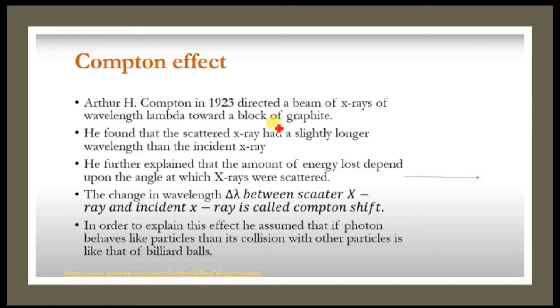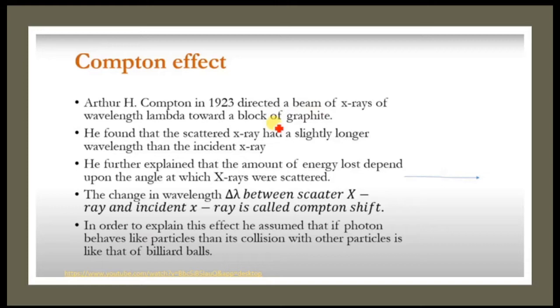So there was a change in wavelength between them, and if this change was denoted by delta lambda, then delta lambda was found to be independent of the scattering material and independent of the incident X-ray wavelength, but dependent on the angle of scattering.